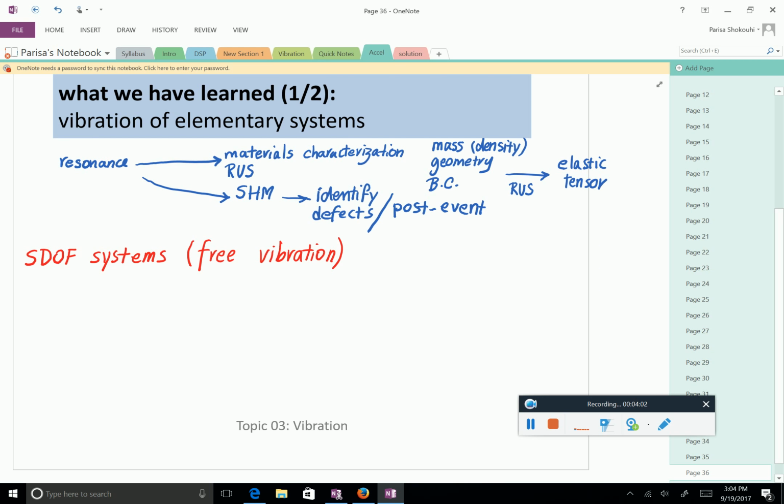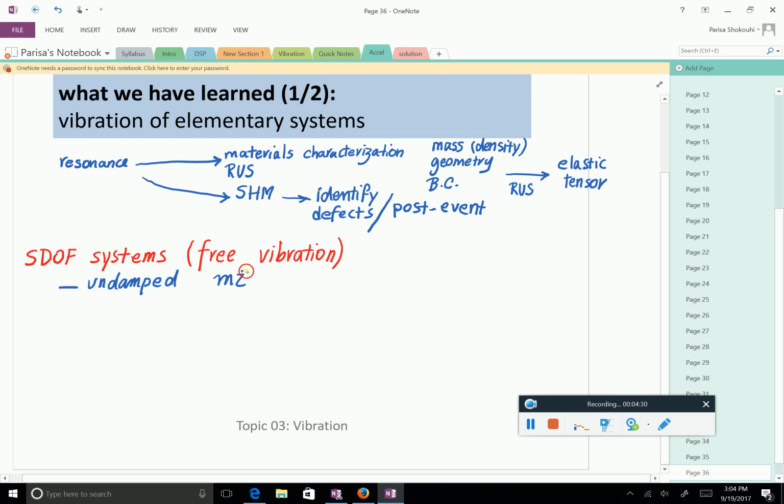In both cases, we are looking at resonance. One is free in the case of the hammer, the other is forced in the case of the piezoelectric setup that you saw. Then we have an undamped system. We first looked at undamped, and of course this is very simple.